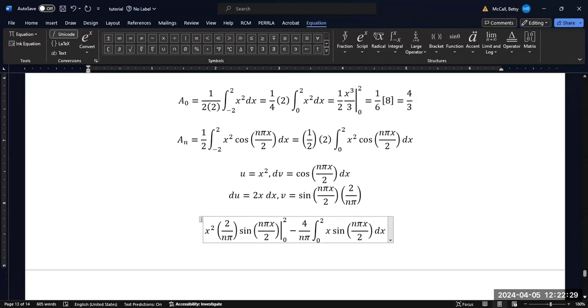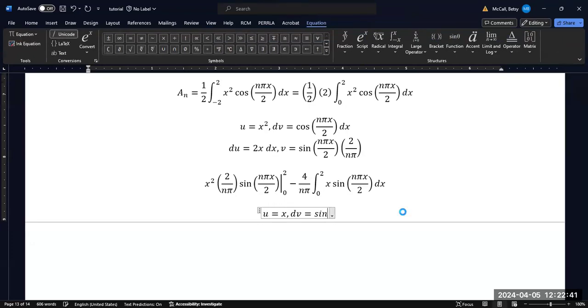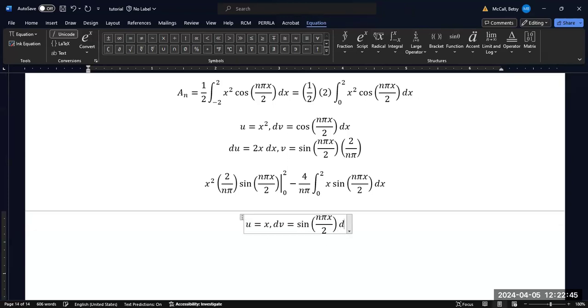All right, so that's not yet ready to finish integrating, so we got to do another step of integration by parts. So u is x, dv is sine n pi x over 2, and that means du is dx, and v, the antiderivative of sine, is negative cosine n pi x over 2.